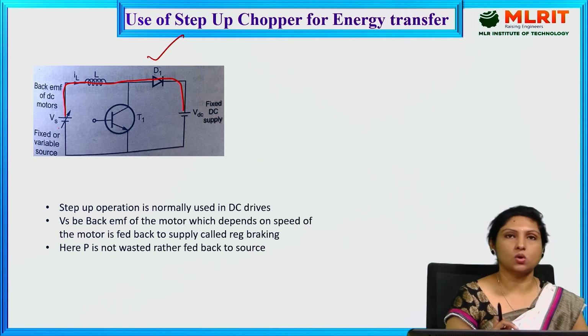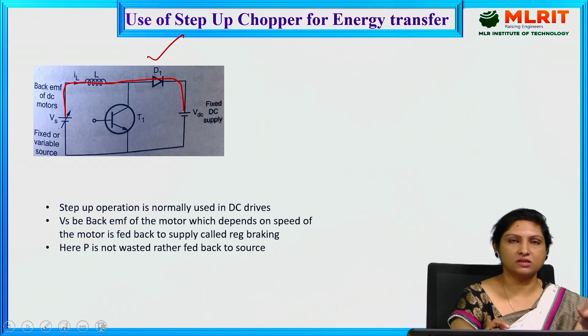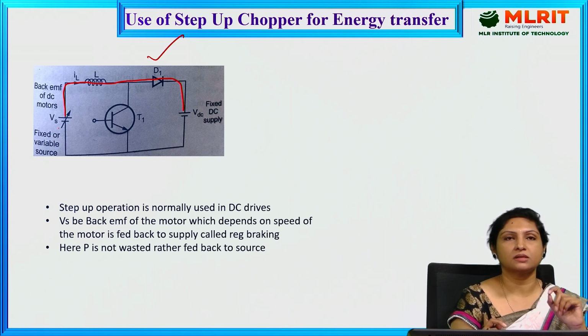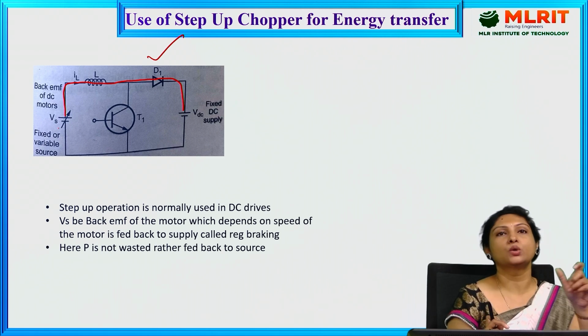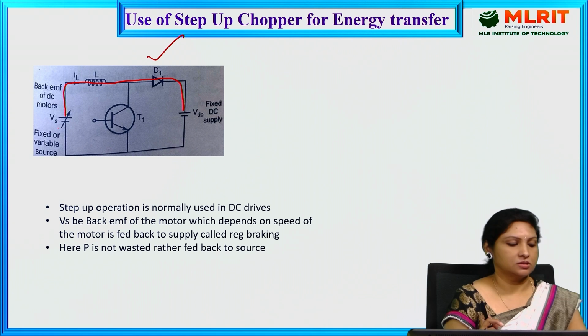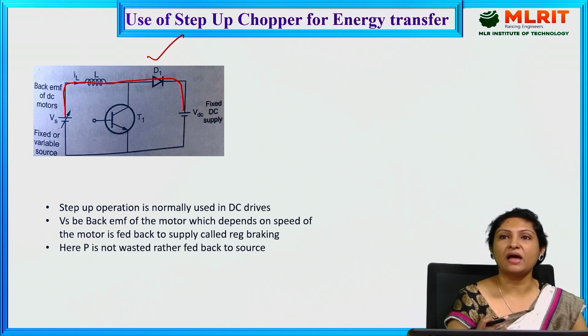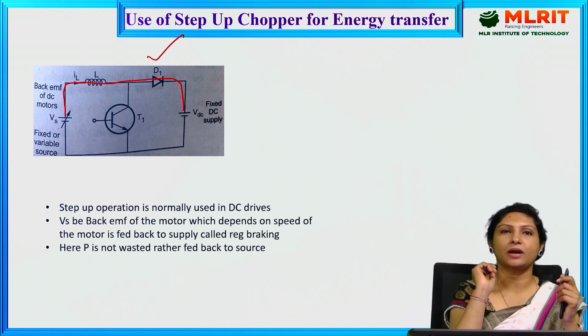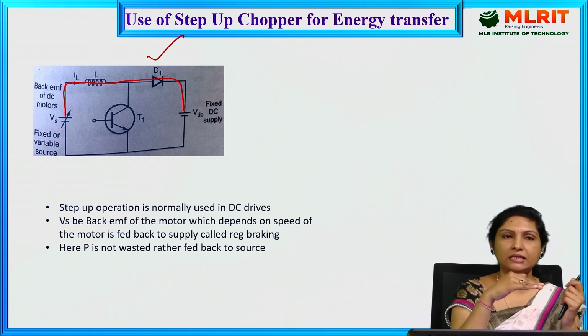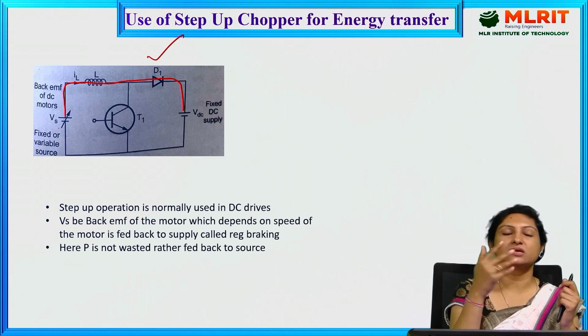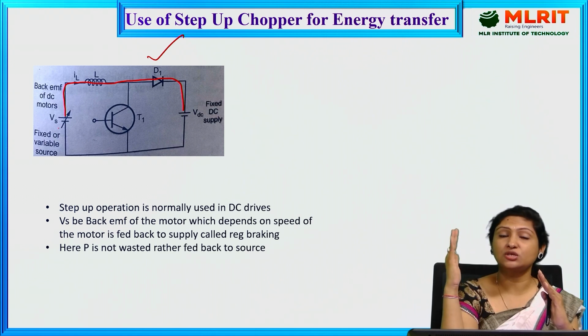So that is all. Here this particular step-up chopper used in DC drives will be usually used for energy transfer purposes. That is, energy is transferred from the back EMF of the motor to the supply. So here power is not actually wasted. Let me give you a practical example. When a train is traveling down the hill, the speed will be getting reduced from the larger value of speed.